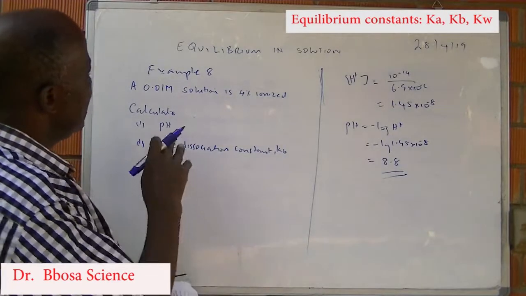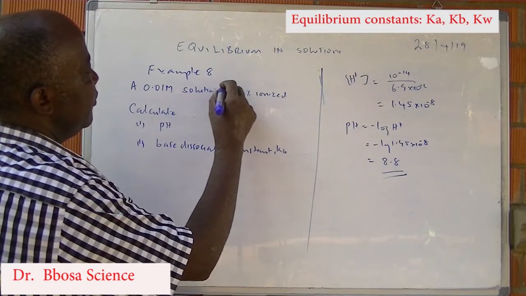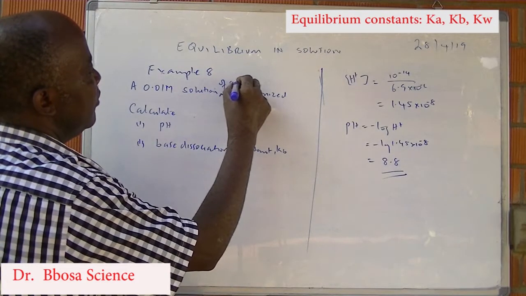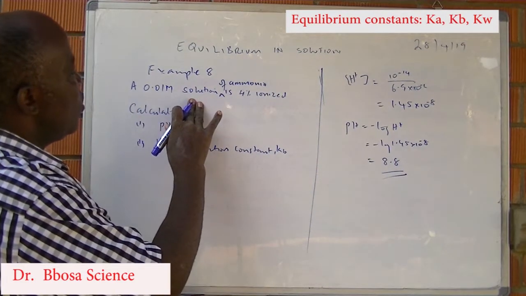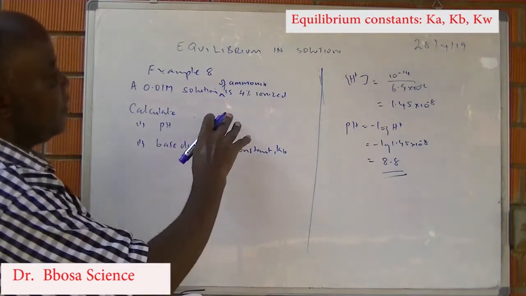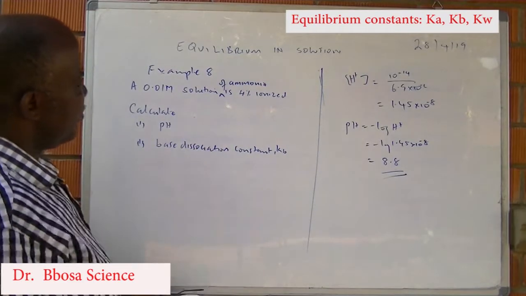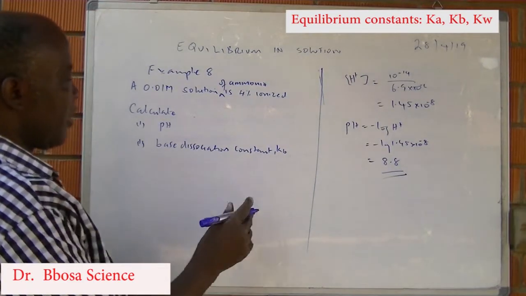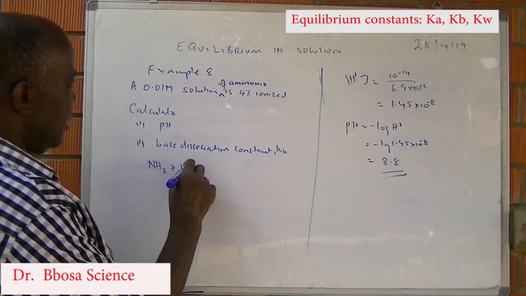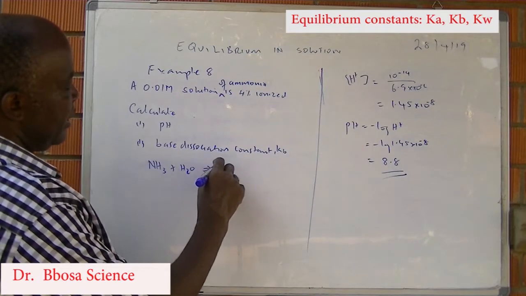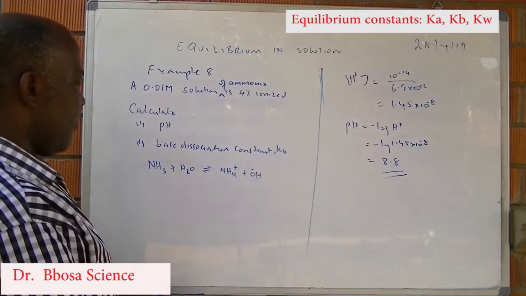Example 8. A 0.01 molar solution of ammonia is 4% ionized. Calculate the pH, and calculate the base constant. Ammonia plus water partially ionizes to form ammonium ions plus OH minus.